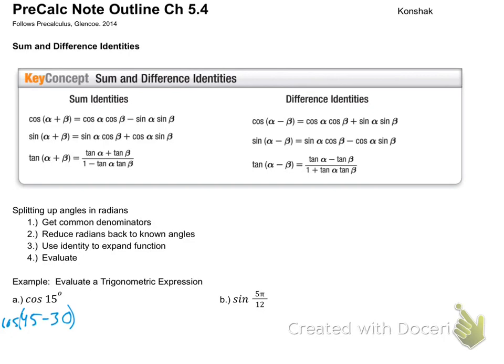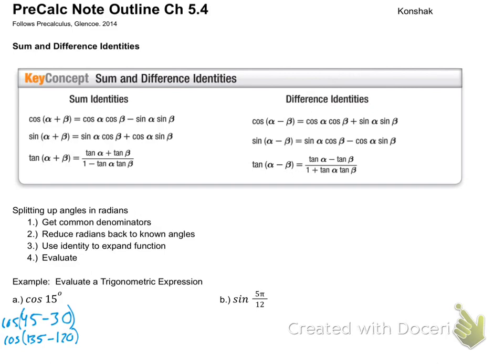But 15 is an angle I don't know. So therefore, I will not use 15. Now, quick, could I use 135? Yes. And what? Minus 120. Could I use 150 minus 135?